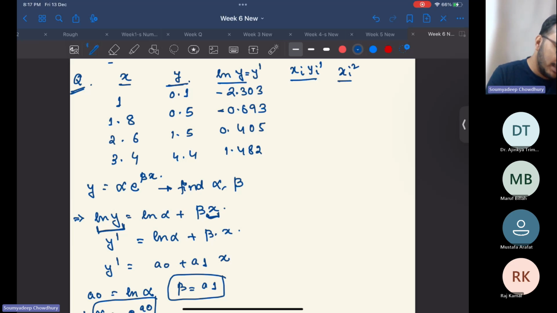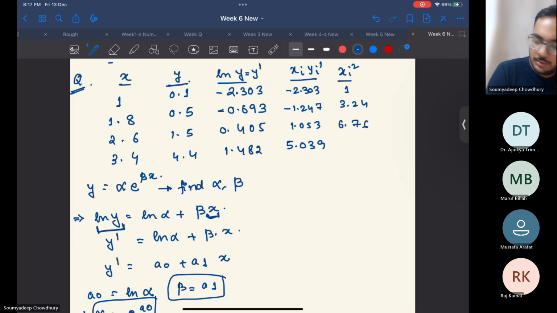So x into y dash values are minus 2.303, then minus 1.247, 1.053, 5.039. And xi square values are 3.24, 76, and 511.56. Is this clear, or are there some confusions? You can tell me.